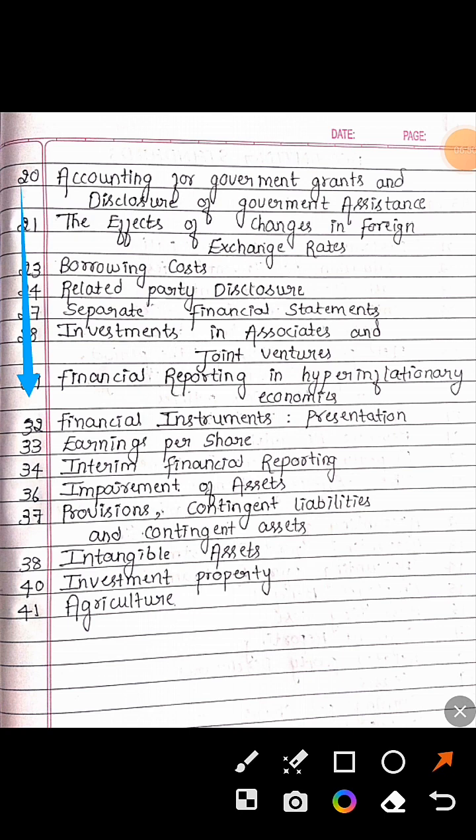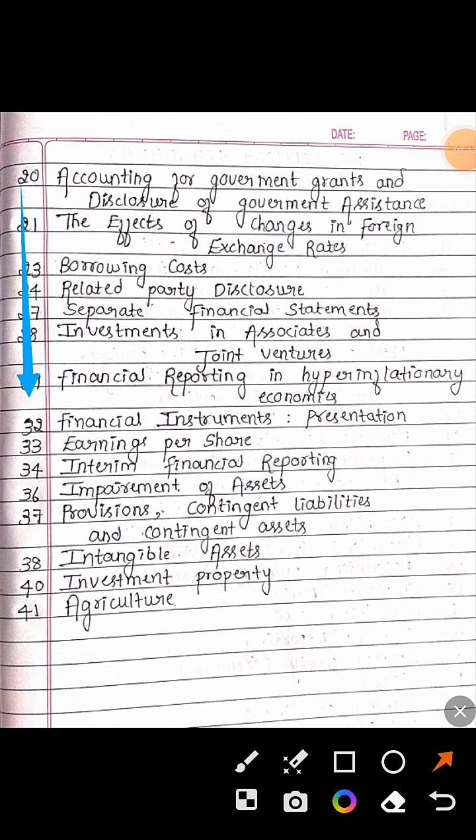Now in Ind AS 32 we are seeing financial instruments presentation. Ind AS 32 is financial instruments presentation. Now next we have Ind AS 33.